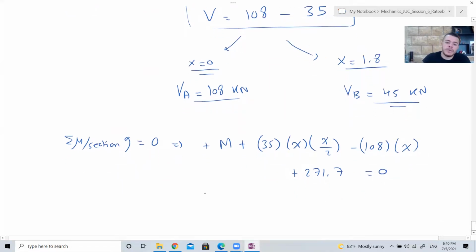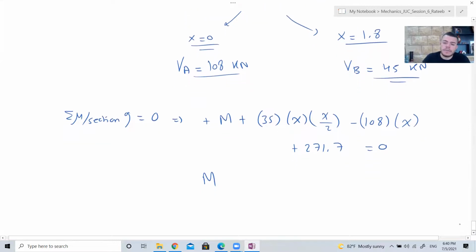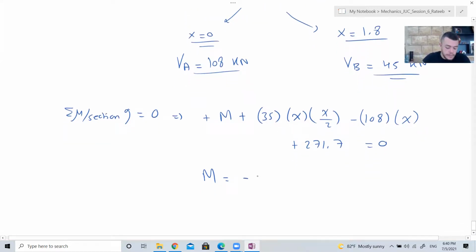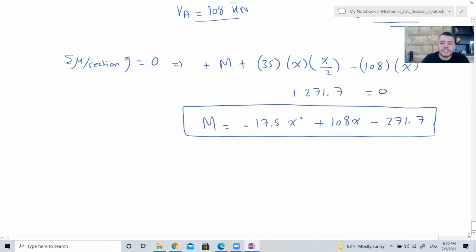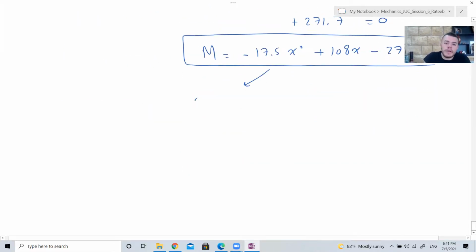So the moment is equal to minus 17.5x squared plus 108x minus 271.7. This is the equation for the moment of cut 1.